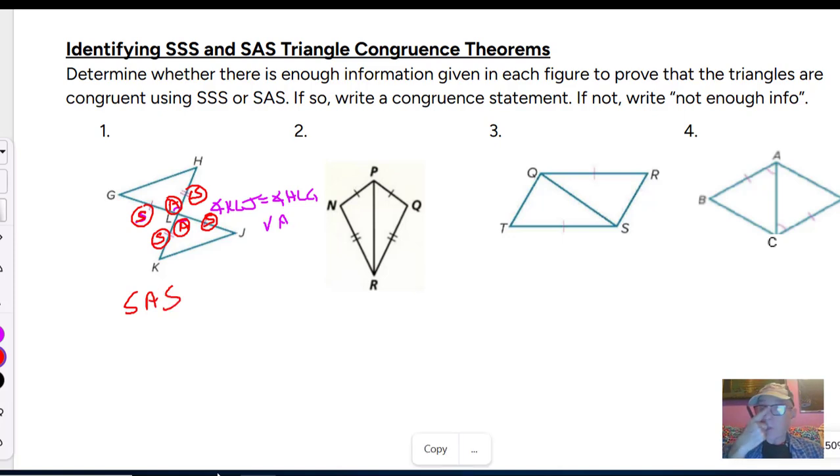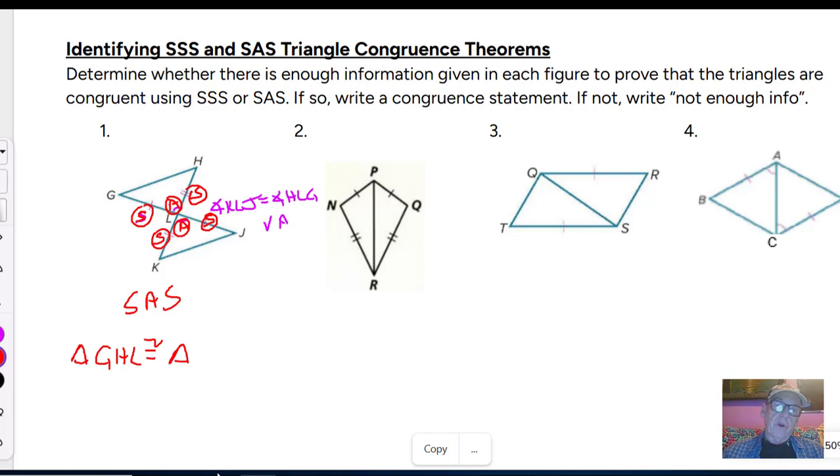So we want to write the congruent statement that goes with this. Let's see, we want to do triangle GHL is congruent to triangle. So G to H, we're going from G along the unmarked side to H, and then we're going to head along the 2 marked side.